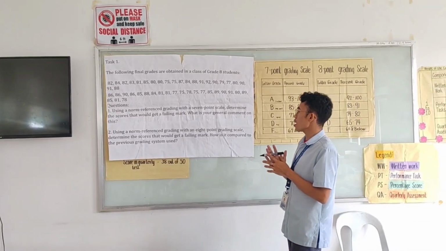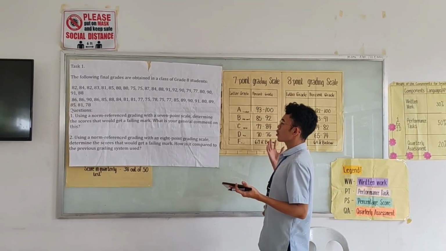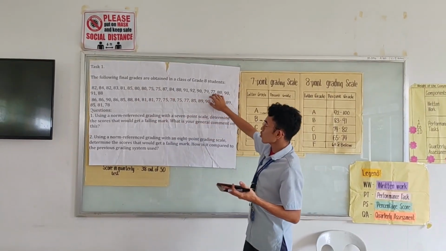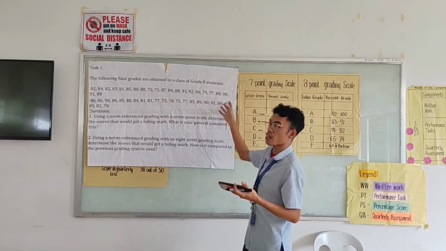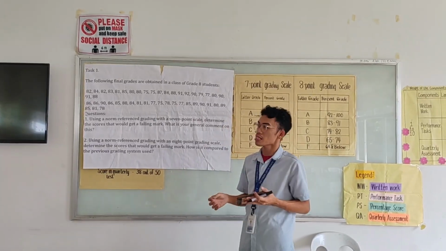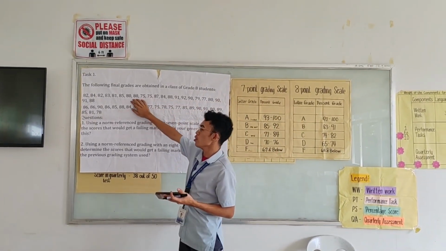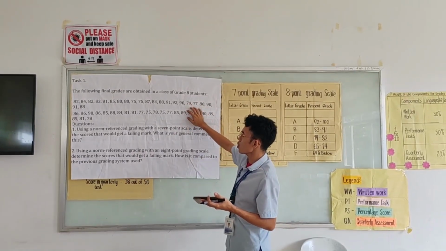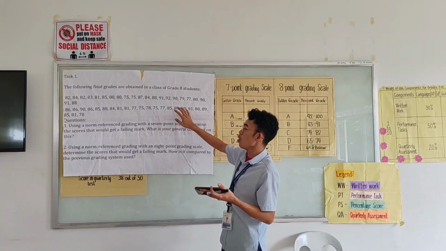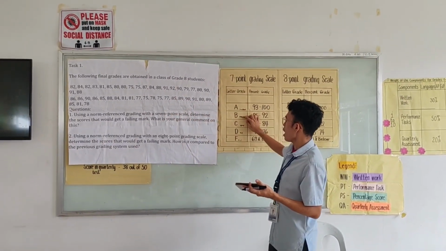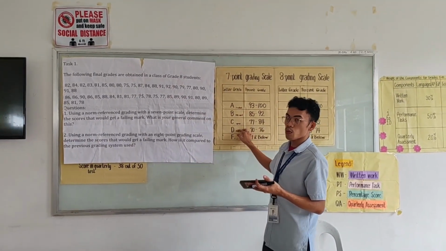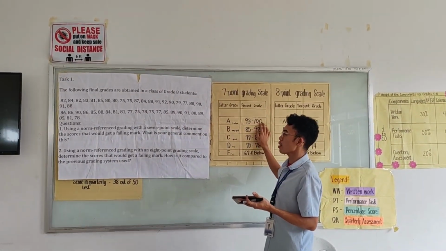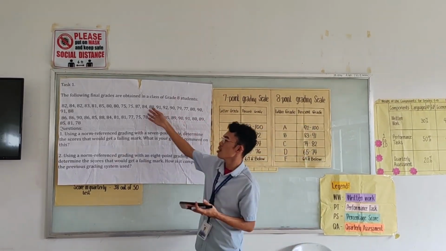So what is our general comment on this? Our general comment on question number 1, based on the grades in set A, is that the grades of the students indicate that they are consistent in their academic performance, since their grades are all good and there are no failing marks. With all students getting these scores, most scores fall within very good and fair. There is no excellent, since excellent is 93 to 100, and there is no 93 here.